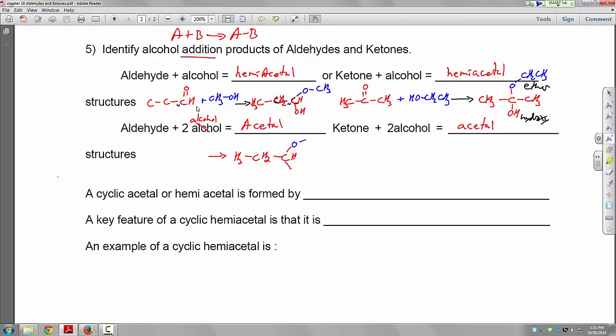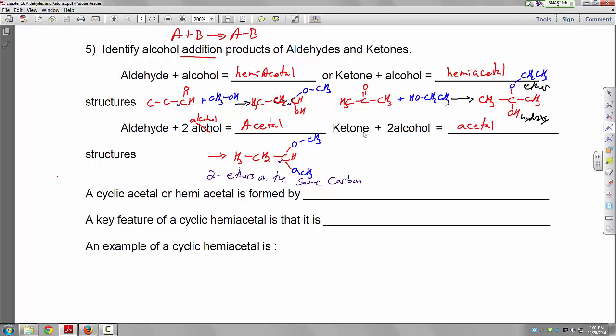This is just like what we had before. One molecule of methanol is added, and the second molecule of methanol is added down here. So this was our carbonyl carbon. Now it's our acetal carbon, a carbon with 2 ethers. Carbon, oxygen, carbon, an ether linkage. Carbon, oxygen, carbon. So 2 ethers on the same carbon.